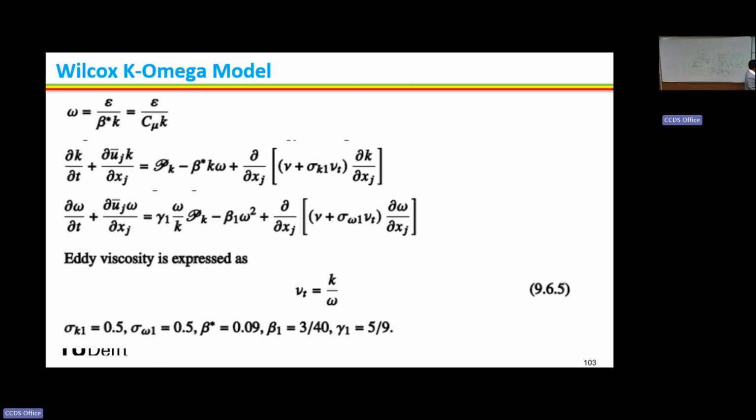The coefficient that we are using to calculate eddy viscosity in the K epsilon model, this beta star is close to C mu, that is 0.09, for the standard K epsilon model. So this is called omega. This is how Wilcox defined omega. Not exactly K by epsilon, they scaled with some parameter that is called beta star, right?